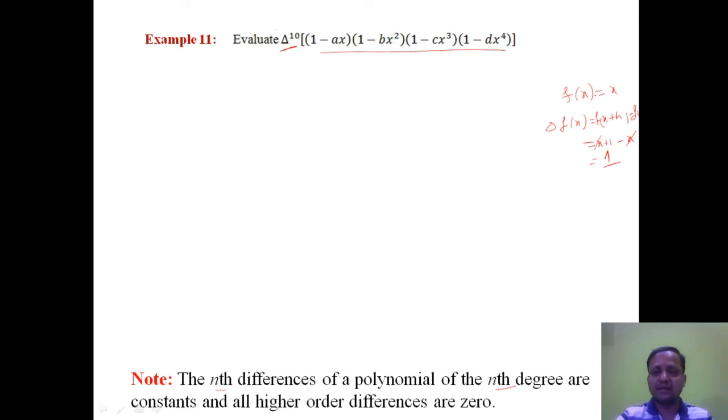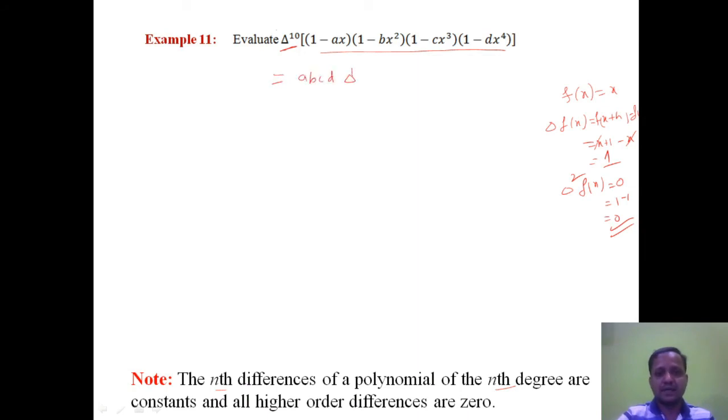You are applying a first order difference on a first order polynomial, so it is constant. So delta square f of x will become 0, since it is constant. And delta of f of x is 1 only. It will become 0.